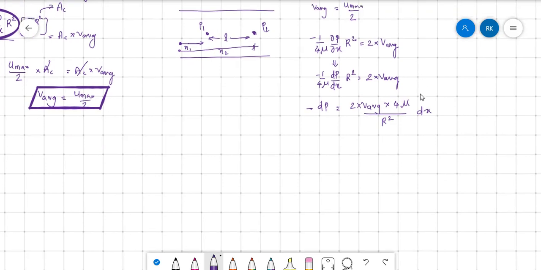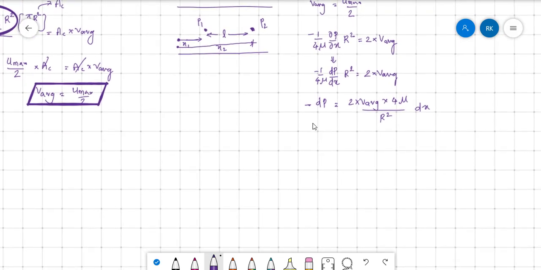So integrating both sides, P1 to P2, and x1 to x2. 2 V average, 4 into 2, into mu divided by R square, these are all constants.